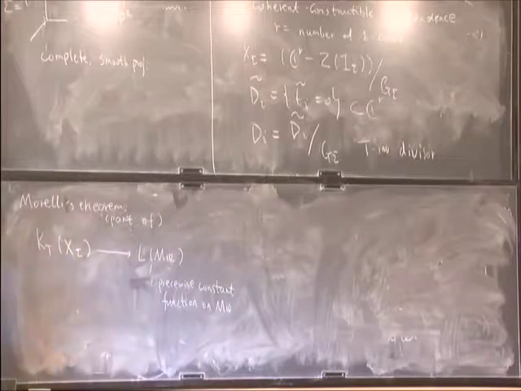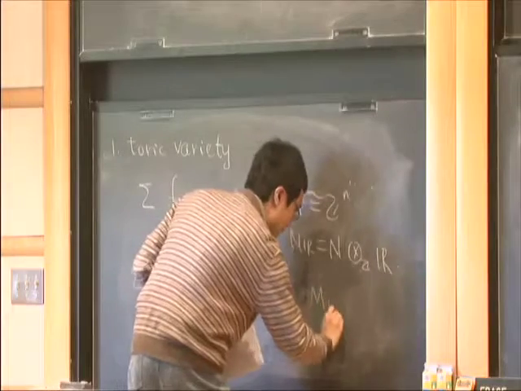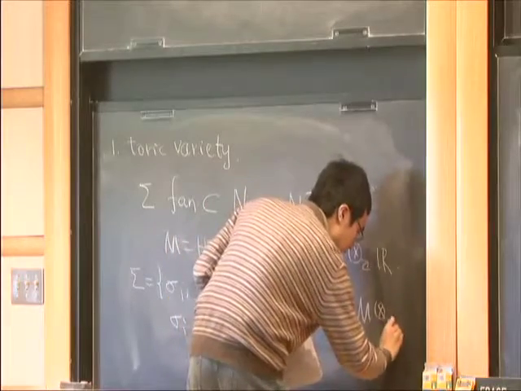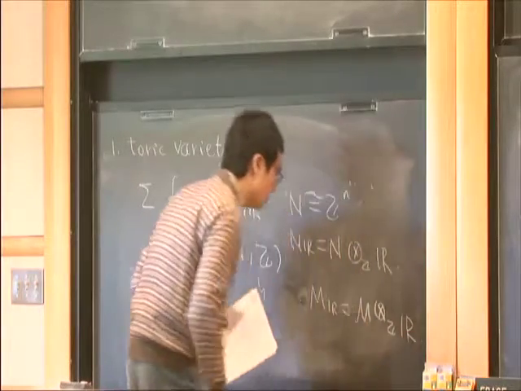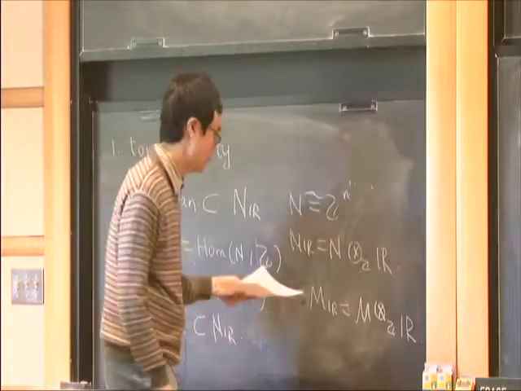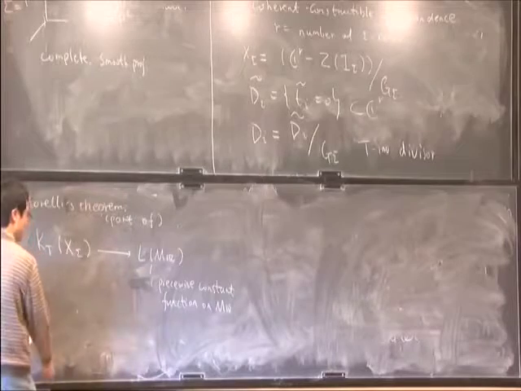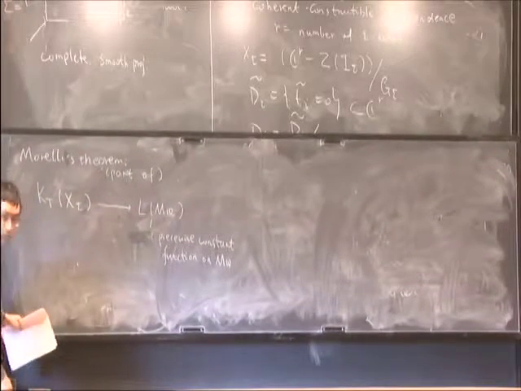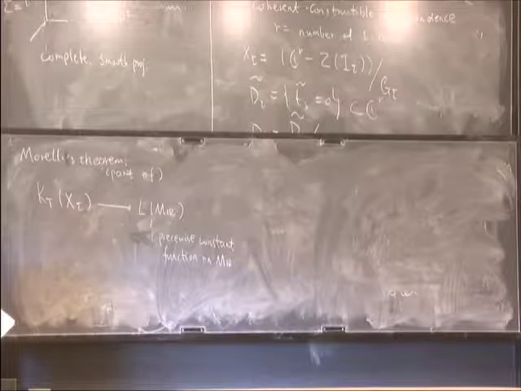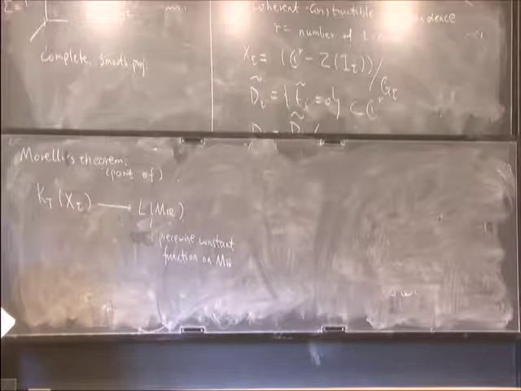If I forget to define this, M_R is simply the n-dimensional real vector space dual to N_R. In classical terms for symplectic people, it is the moment plane.